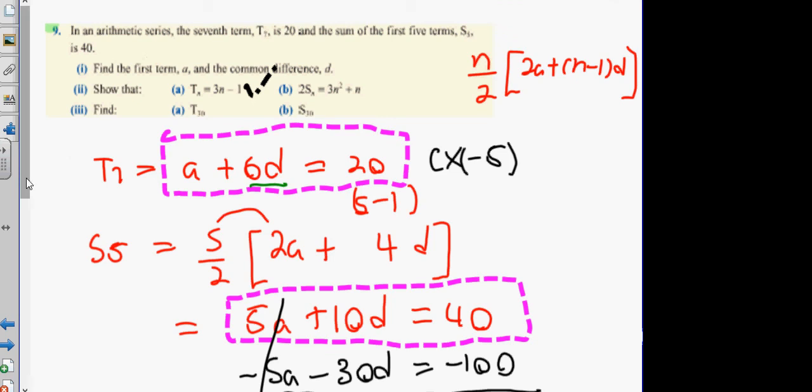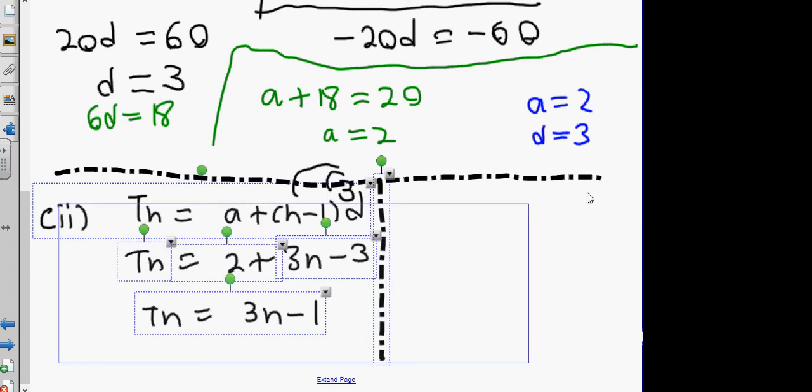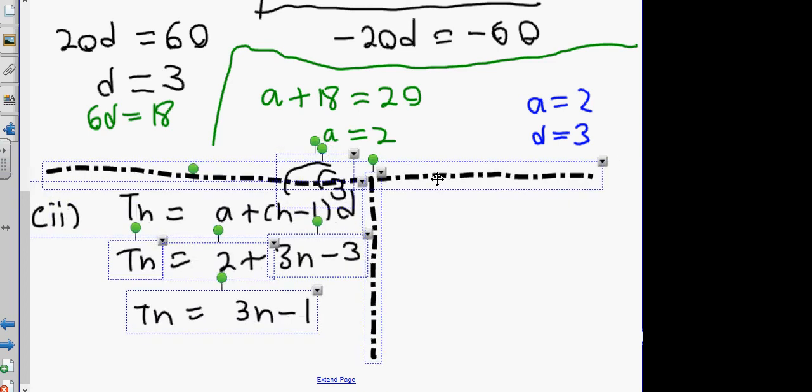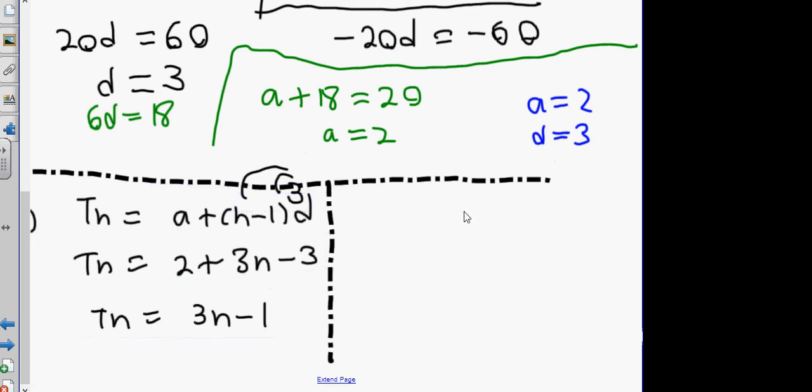Next one, 2Sn, which we're going to do to the right hand side here, okay? So 2Sn is the following. The formula for Sn is n over 2 into 2a plus n minus 1 times d.